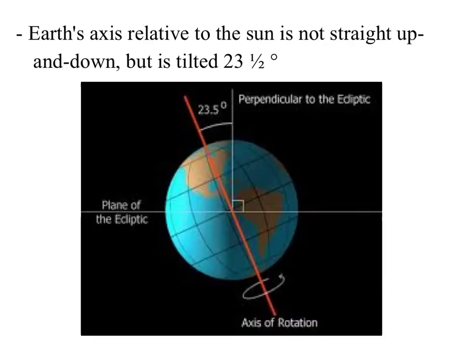And now you need to keep in mind that, due to the wobbling, the Earth's axis relative to the sun is not straight up and down, but it's tilted about 23.5 degrees.